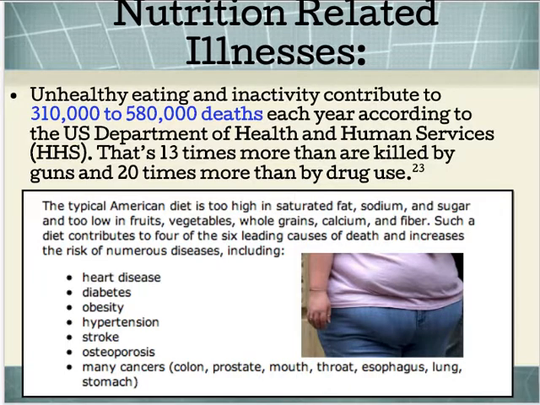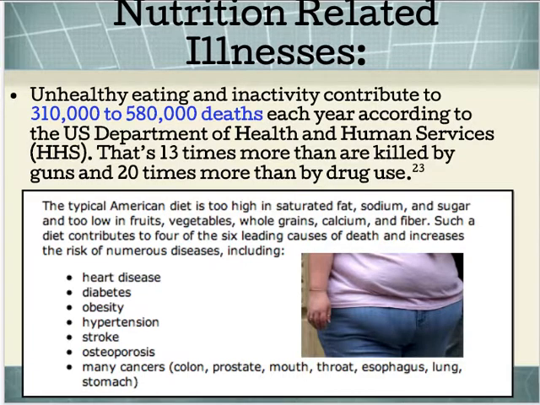The typical American diet, which we've learned a lot about over the last several weeks, is too high in saturated fat, which we learned is terrible for you, sodium, which we know is salt, and sugar, and too low in fruits, vegetables, whole grains, calcium for those bones, and fiber.